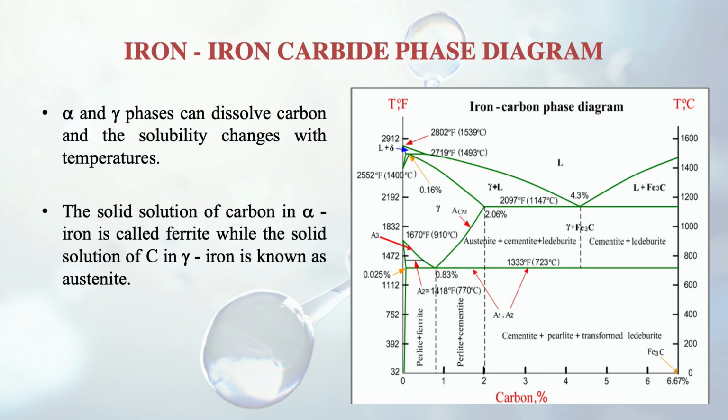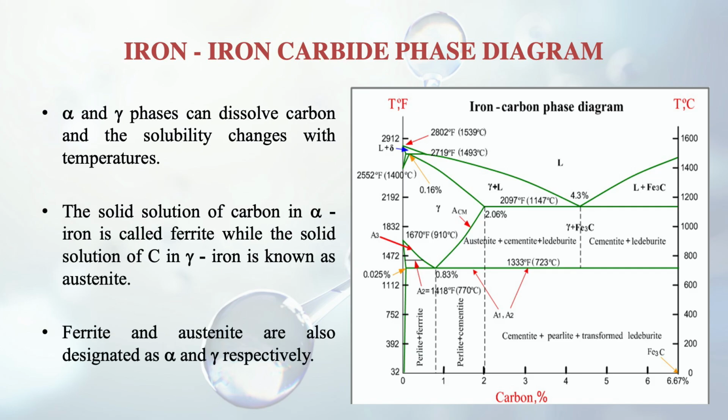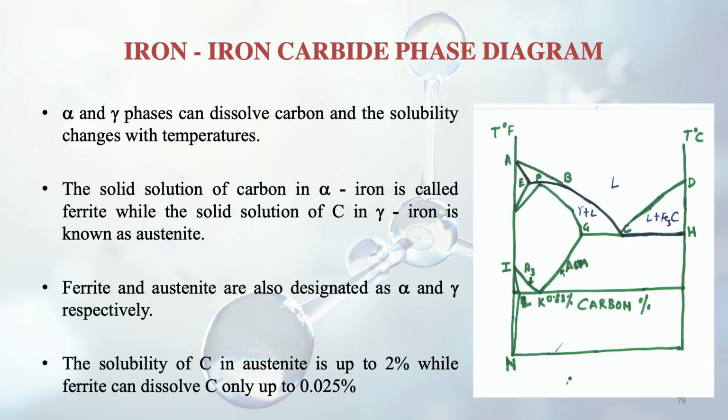Temperature is on the y-axis and carbon percentage is on the x-axis. The solid solution of carbon in alpha iron is called ferrite, while the solid solution of carbon in gamma iron is known as austenite, as I told you earlier. Ferrite and austenite are also designated as alpha and gamma respectively. The solubility of carbon in austenite is up to 2%, while ferrite can dissolve carbon only up to 0.025%.